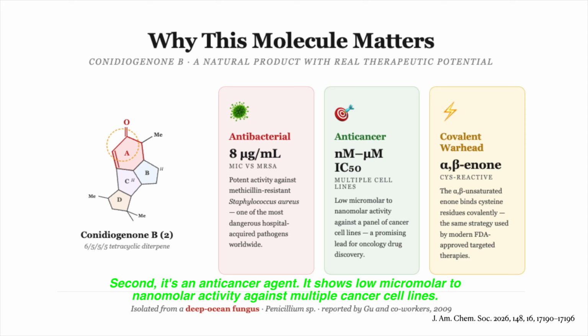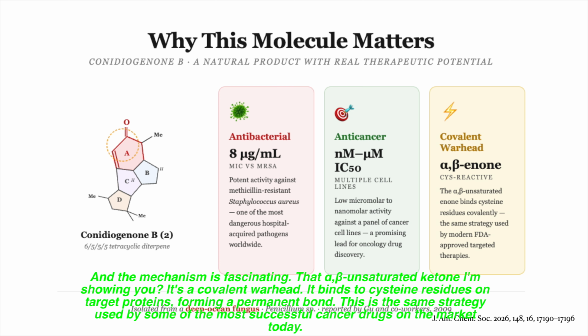Second, it's an anti-cancer agent. It shows micromolar to nanomolar activity against multiple cancer cell lines. And the mechanism is fascinating. That alpha-beta unsaturated ketone I'm showing you is a covalent warhead. It binds to cysteine residues on targeted proteins, forming a permanent bond.